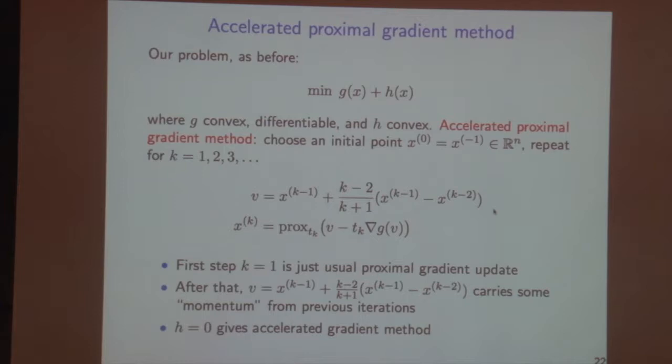When k is 2, we're going to get the usual proximal gradient update. And as k gets larger, do these weights get larger or smaller? What do they approach as k gets bigger and bigger? That ratio, (k-2)/(k+1), just approaches 1. As k gets larger and larger, this thing approaches 1.